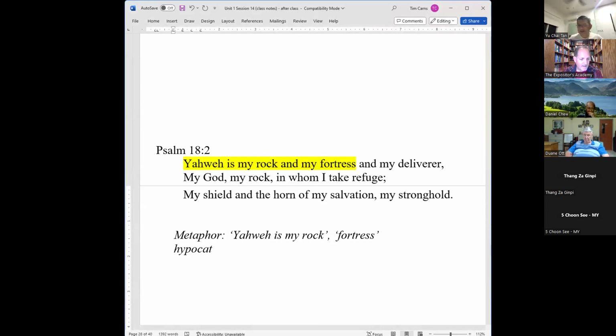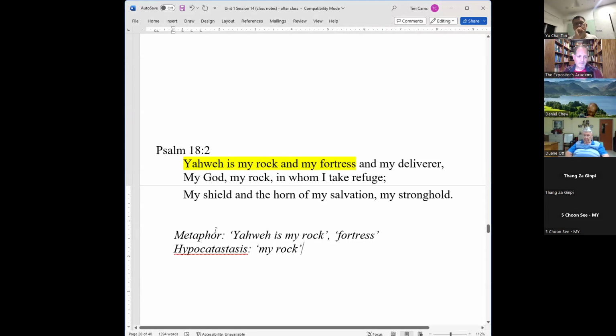Hypocatastasis. Exactly. Because here he doesn't say, my God is my rock. He said that in the first line. Here he just says, my God, and then he calls him directly, my rock. So that's actually the strongest. He repeats and increases the strength of the comparison.